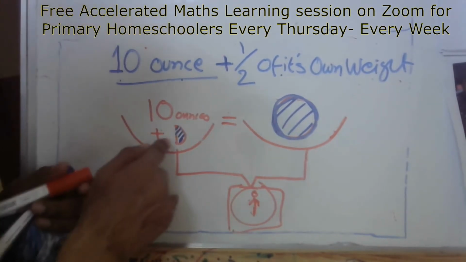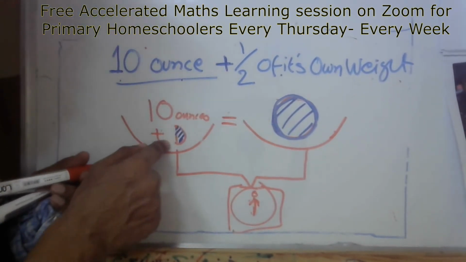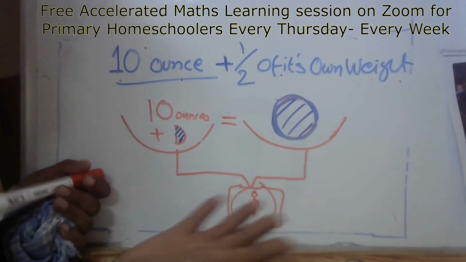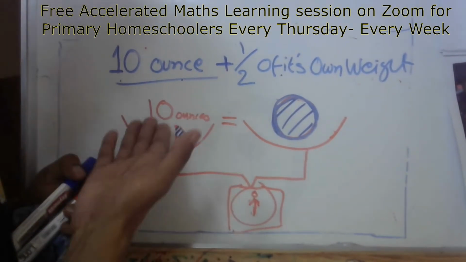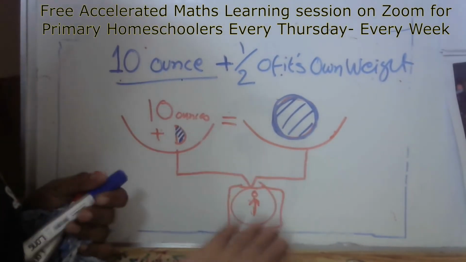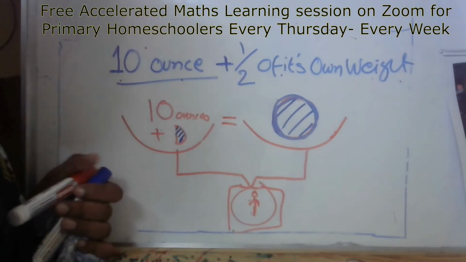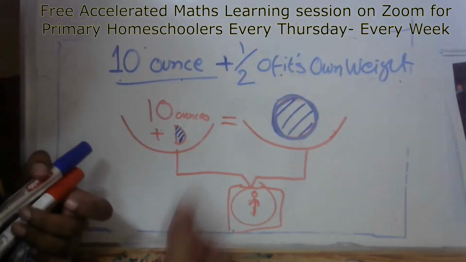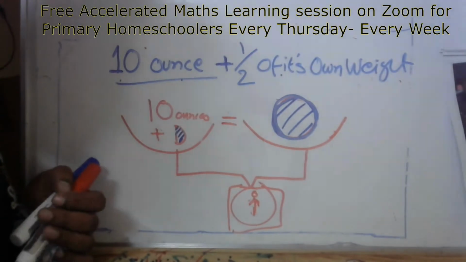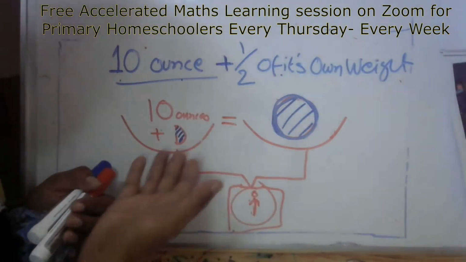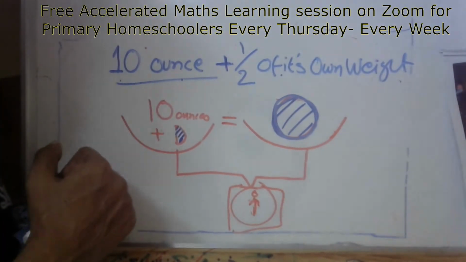Now you see half of the basketball is sitting here. We don't have a basketball here. We don't have a 10 ounce weight here, but still we are playing with it. This is the beauty of mathematics. We are imagining everything in our head.